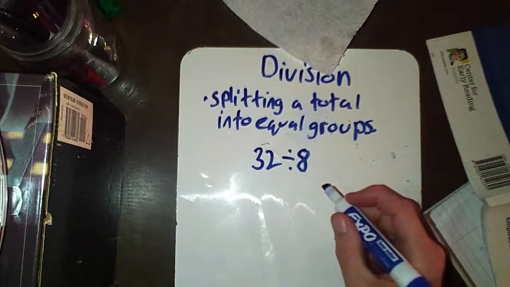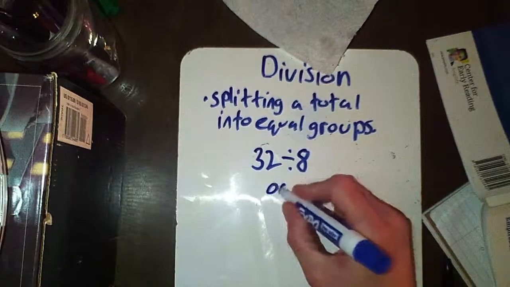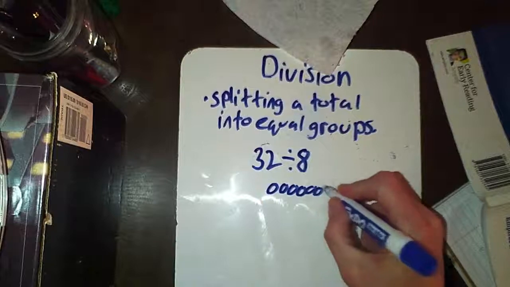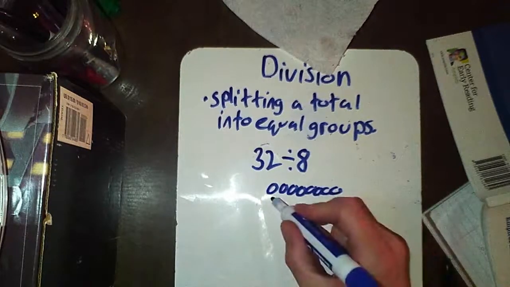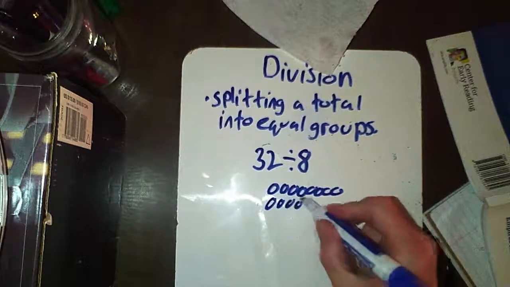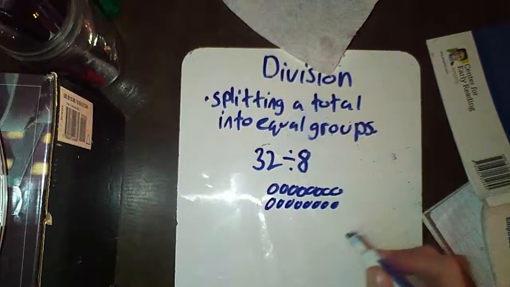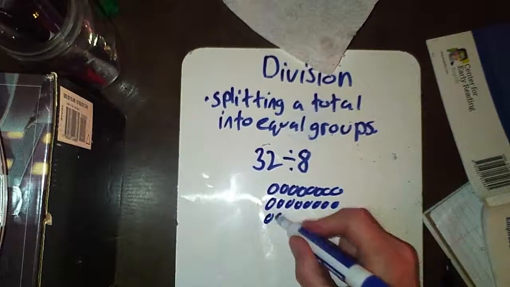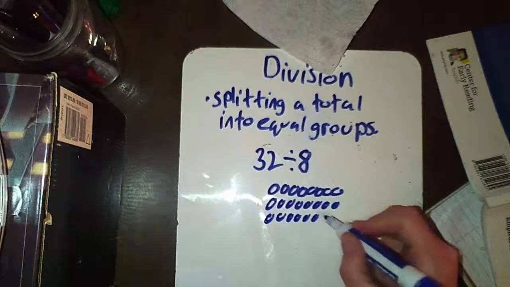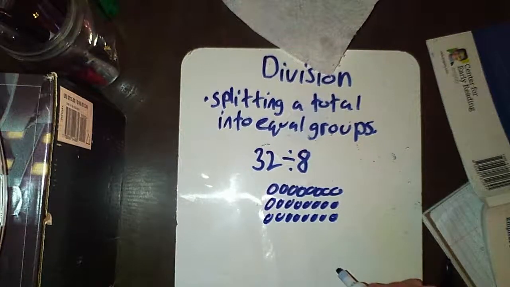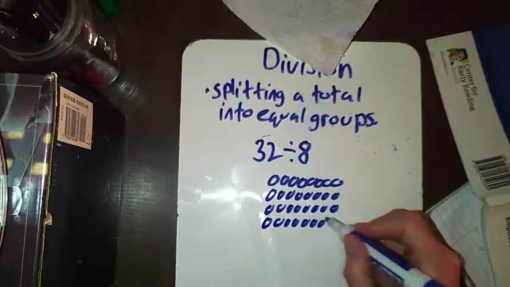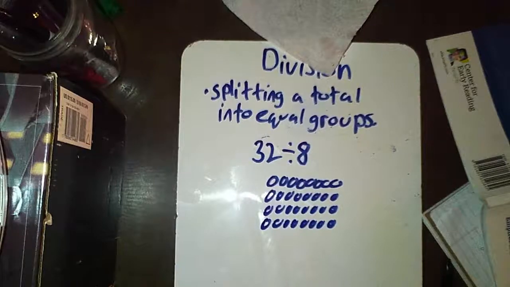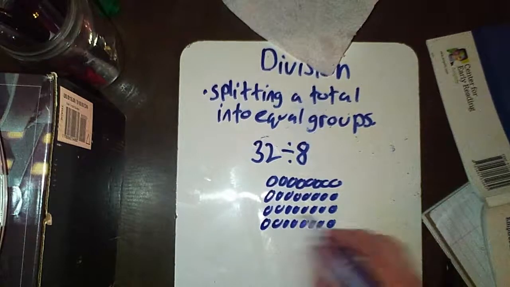And we'll see how many rows of 8 we make. There's 8. This is where skip counting becomes important. 8 and 8, that's 16. 16 plus 8, that's 24. And 24 plus 8, that's 32. So we're at 32 now.